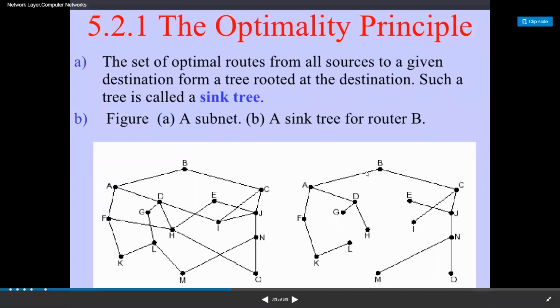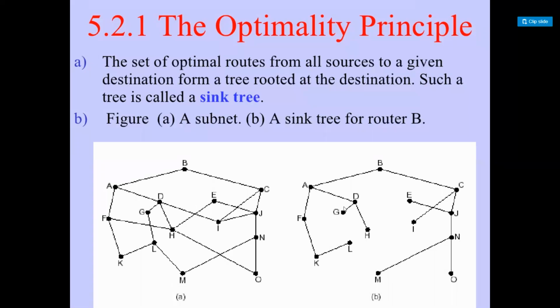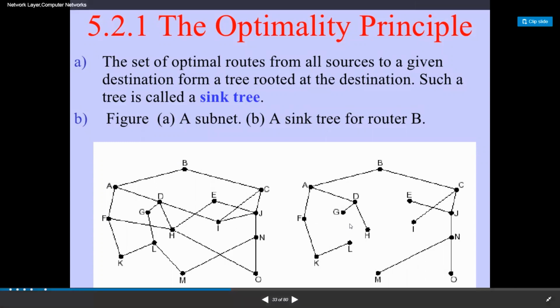Suppose B to A, we have a direct line. B to D, we need to go B to A and A to D. B to G, we go B to A, A to D, and D to G. This is the meaning of sink tree for router B, only for router B. In this regard, what we have seen is that a sink tree does not have any closed circuits.